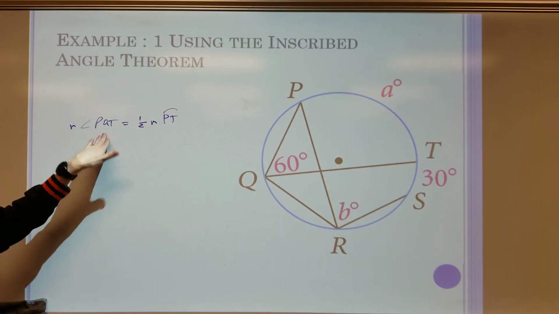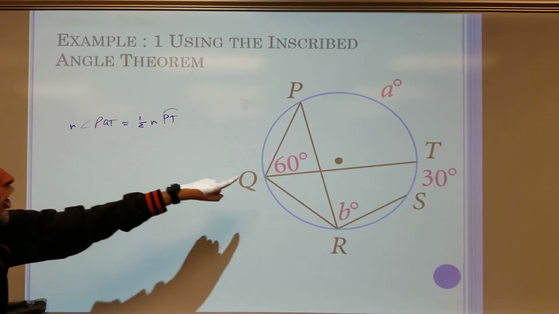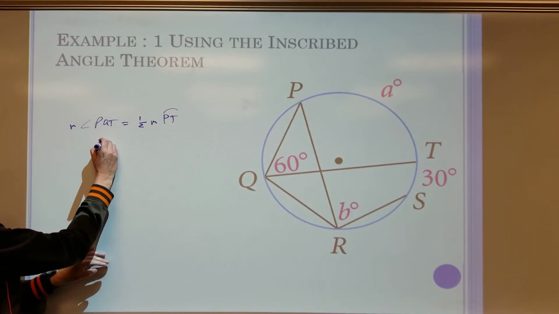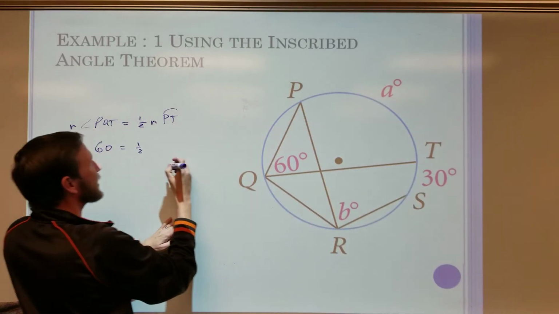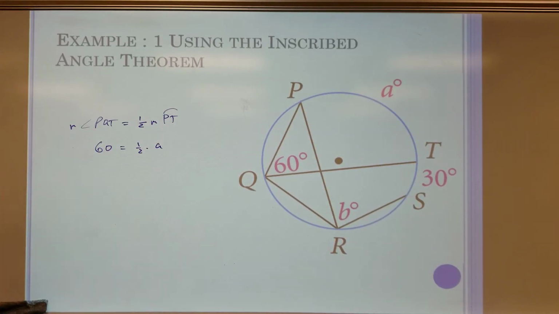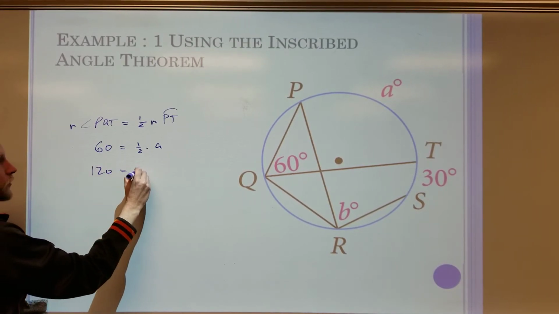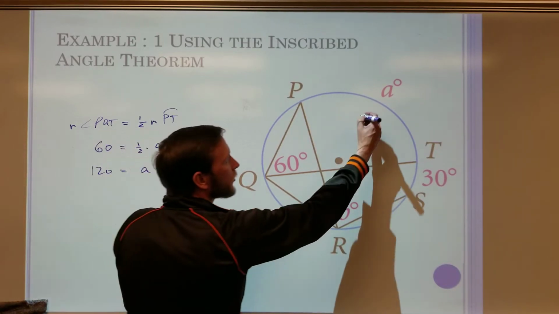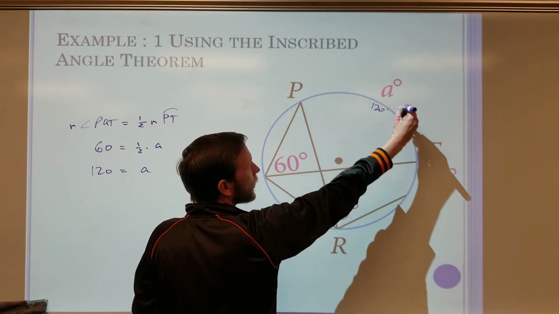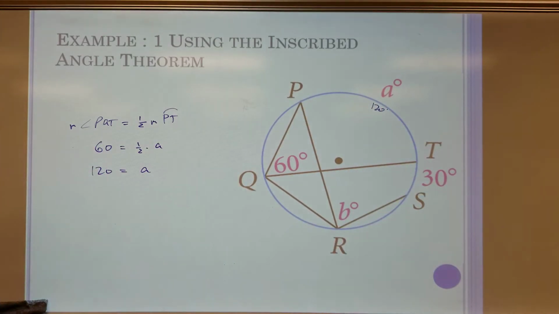We have angles, we've got arcs, and we know the measure of angle PQT is 60, and the measure of arc PT is A. Now, how do we solve this equation? We multiply both sides by 2. That tells us the value for A and also the measure of arc PT. So now we know that this is 120 degrees from point P all the way over to point T.